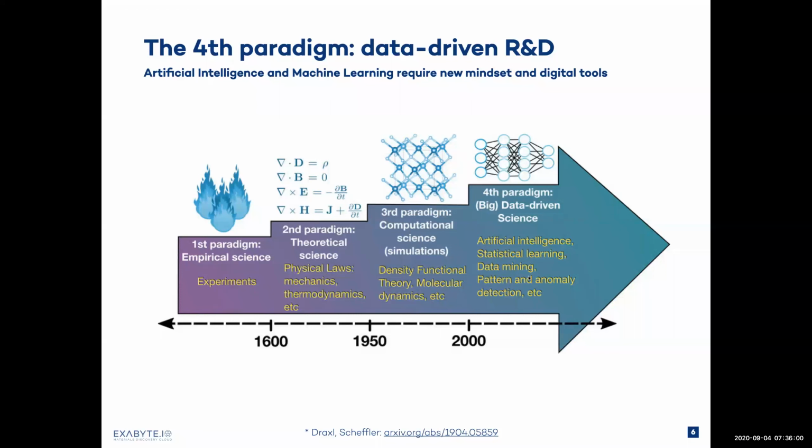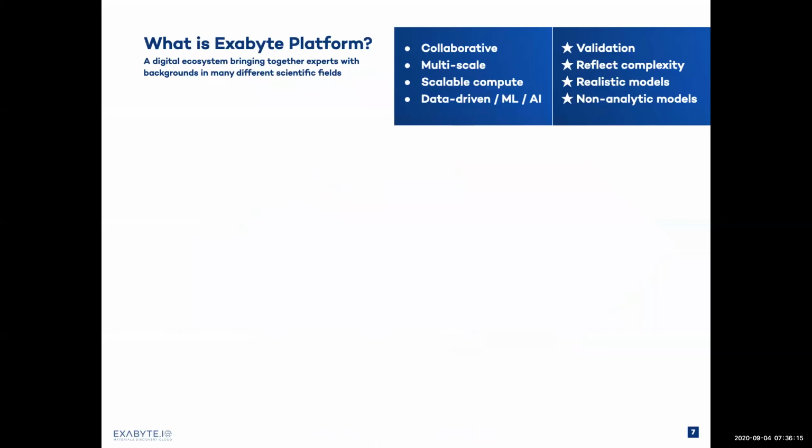This transition that happened relatively recently requires a new kind of digital approach, an approach where we can organize the data, where we can prepare it so that artificial intelligence can be applied. And that's exactly what we solve as a fundamental problem with the Exabyte platform.